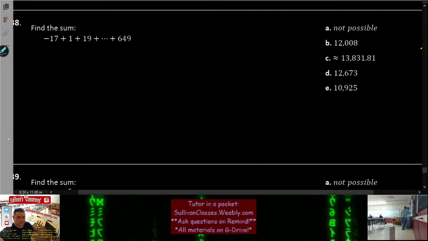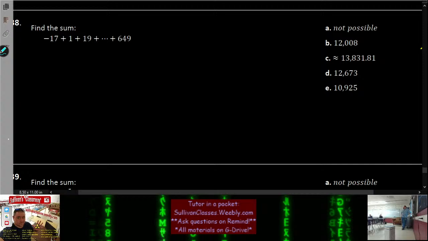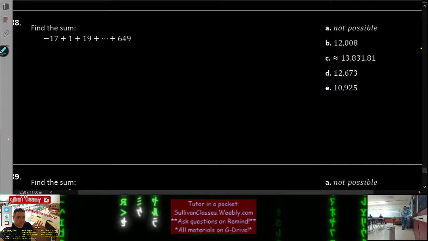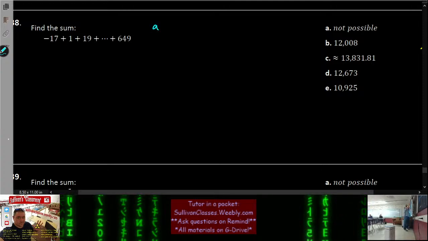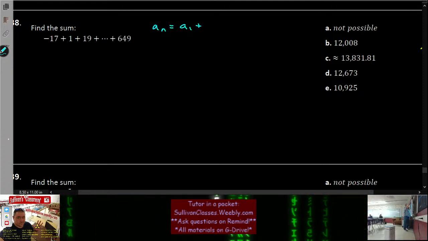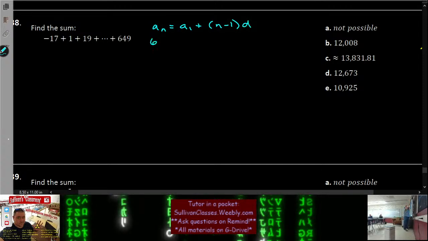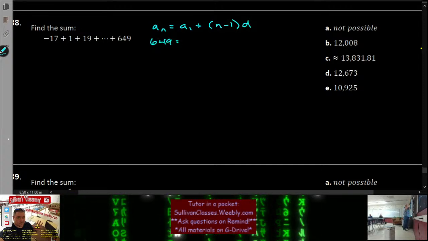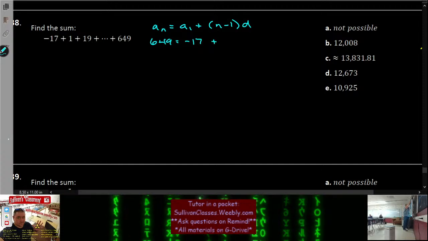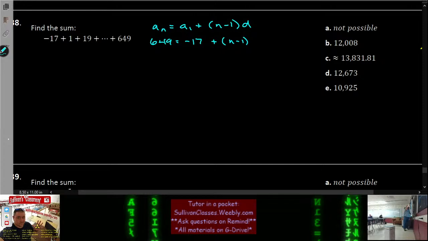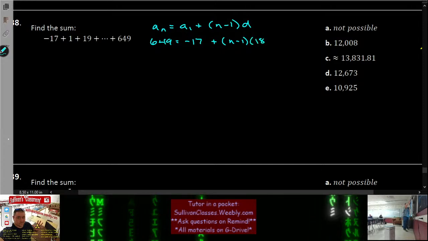Both of my sum formulas involve knowing an n, and I don't know n, but I do know a sub n. I know a sub 1, and I know d from one to the other is 18.